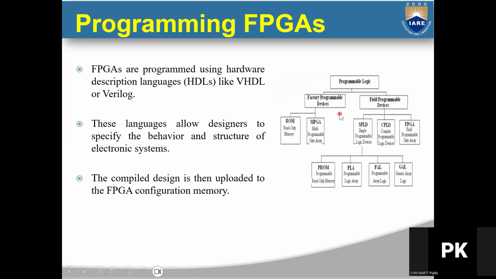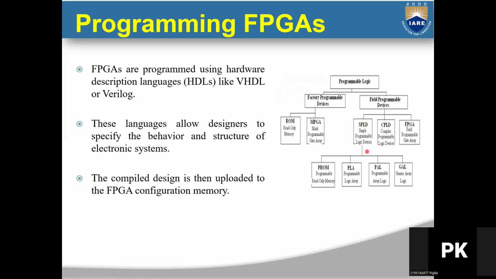The one-time programmable devices are further divided into two types, that is ROM and PLD. ROM is read-only memory and FPGA is mask programmable. Whereas the other programmable devices are of three types: SPLD, CPLD, and FPGA. SPLD is simple programmable logic device, CPLD is complex programmable logic device, and FPGA is field programmable gate array.